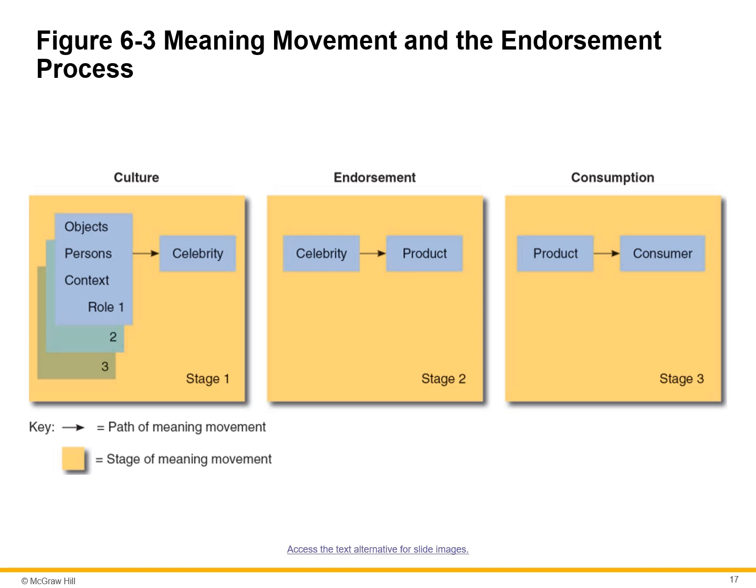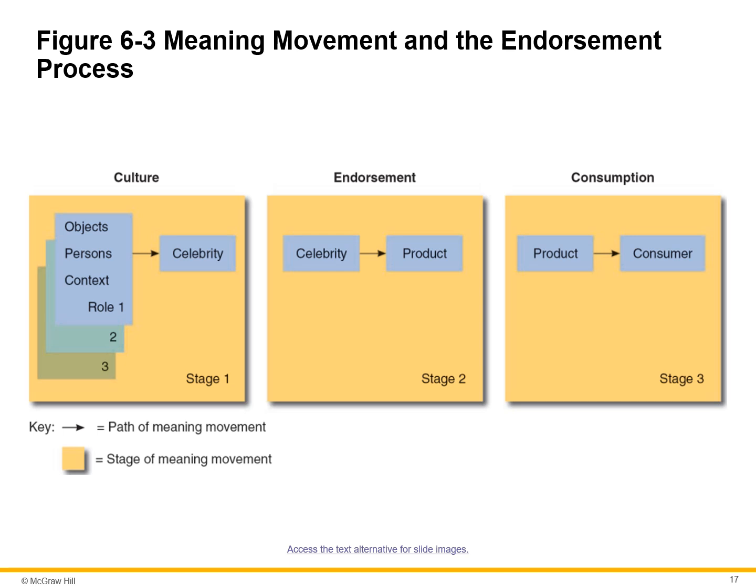bearing meanings of certain objects, certain persons, certain contexts, and that culture is actually transferred or moved to this endorsement. When the celebrity endorses a certain product, the culture's meaning comes to the endorsement itself. And then the meaning of the product is transferred.